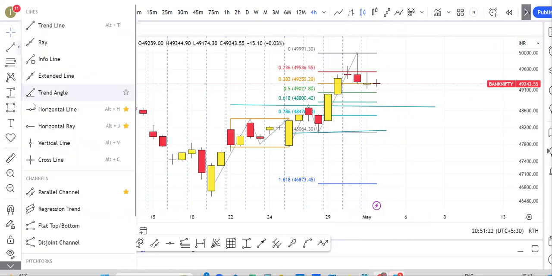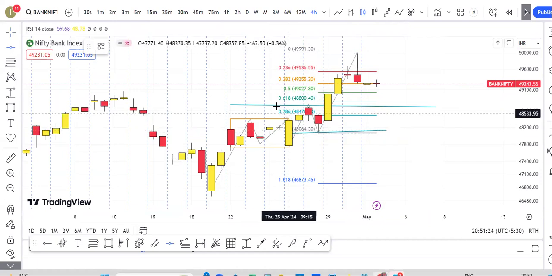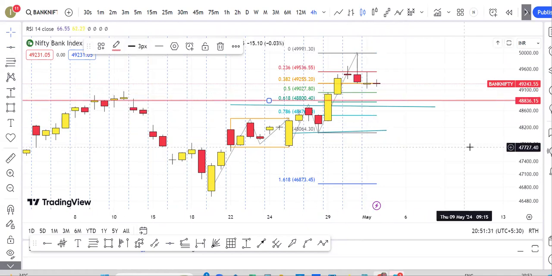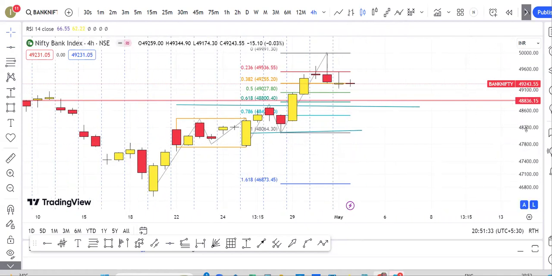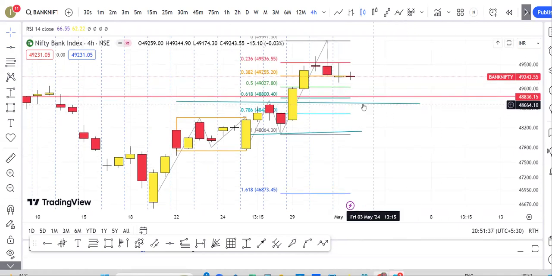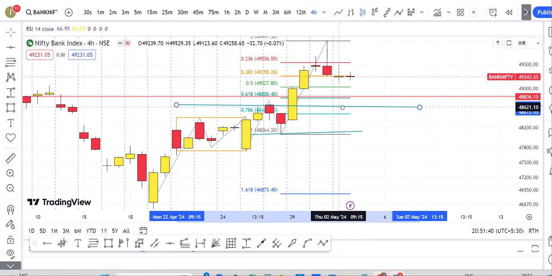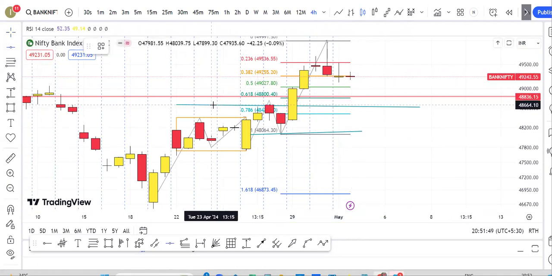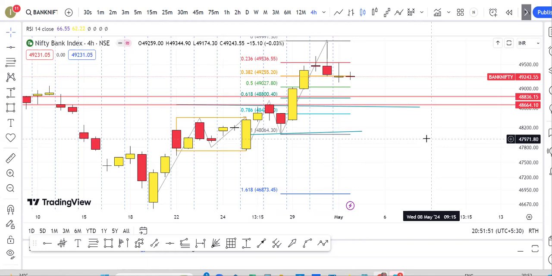So mark those levels. 48,826. Let me make it dark. And even in the worst case, if it comes down to this level, in between 0.618 to 0.718, you can anticipate 48,612 on Bank Nifty.